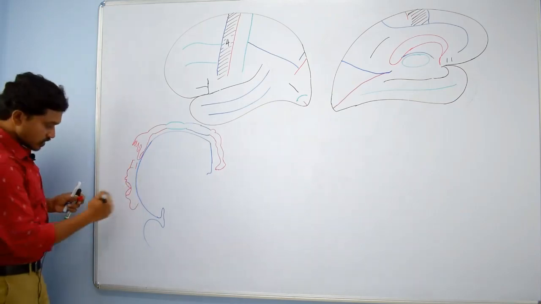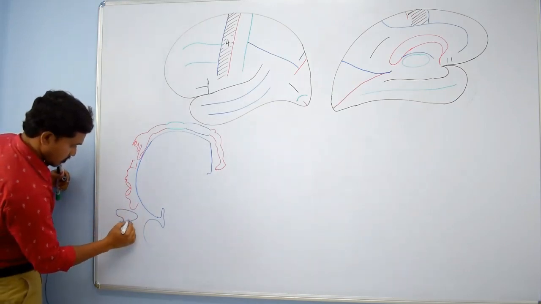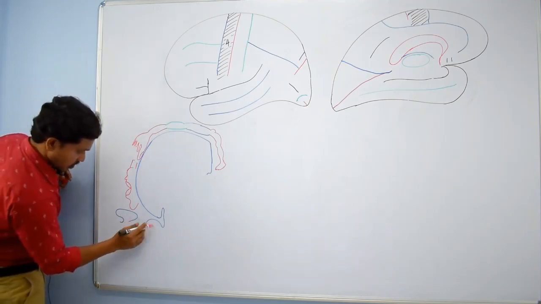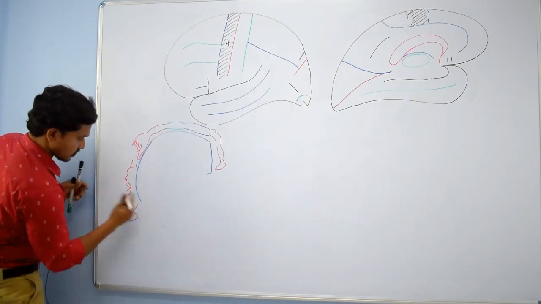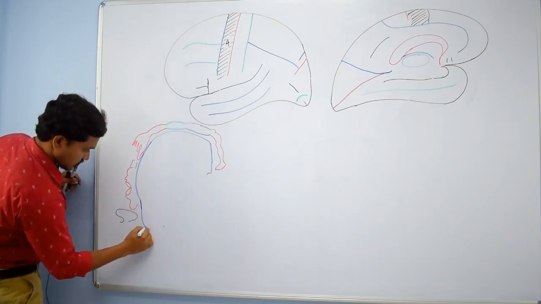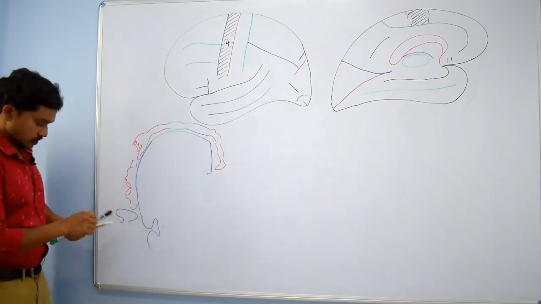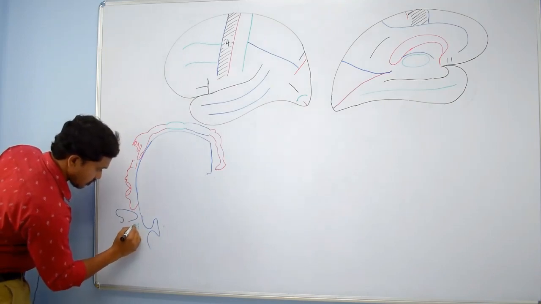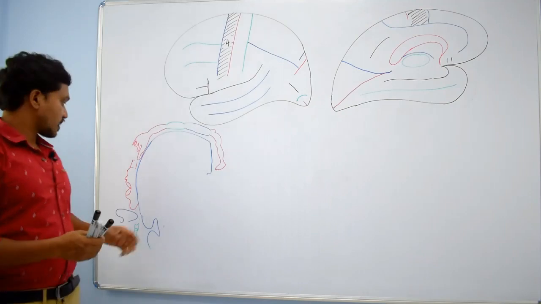So this is face. Next to the face, tongue. This is tongue. Then next to that, below, next to the tongue, here this is larynx, right? So this is the representation.